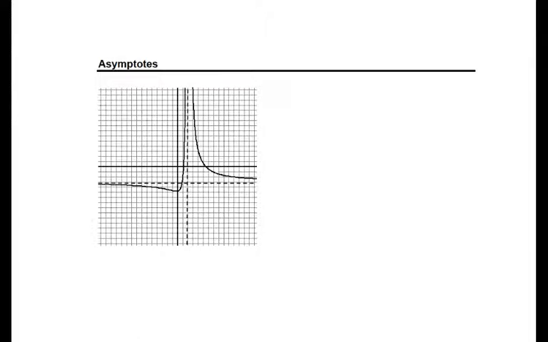Not all rational function graphs have asymptotes, but an awful lot of them do, and usually this is the first type of function where asymptotes come up for a student. So, looking at this abstract function here, we can see we have a horizontal asymptote at y equals -3.